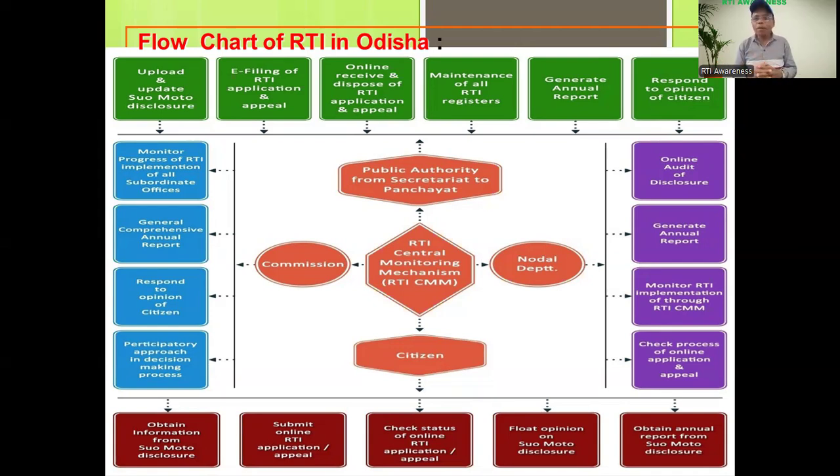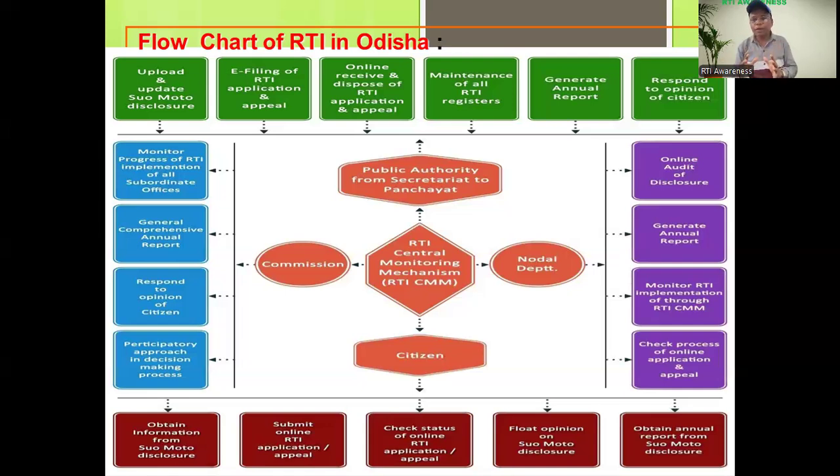Second is we the people, the PIO and first appellate authority. We are the second stakeholder. We have to provide information to the citizen. On a daily basis, as needed, we have to update our proactive disclosure, our suo motu disclosure, at regular intervals. Whatever online applications we receive, we have to comply with very soon.